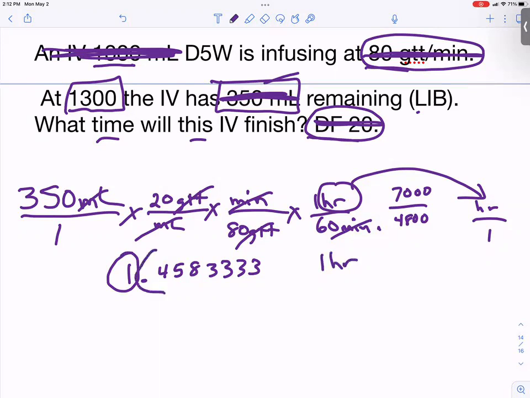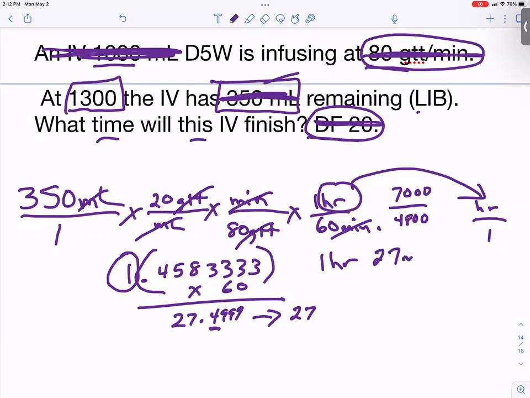And 0.45833 times 60 will give me 27.4999. But either way, I'm rounding that to 27 because 4 is less than 5, so I don't round up. So that's 1 hour, 27 minutes.